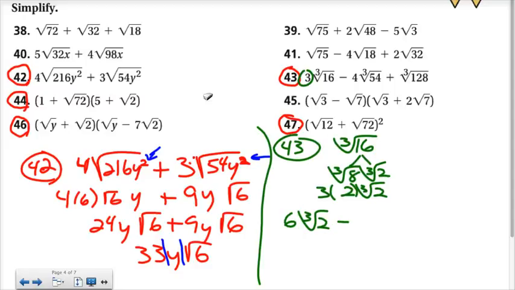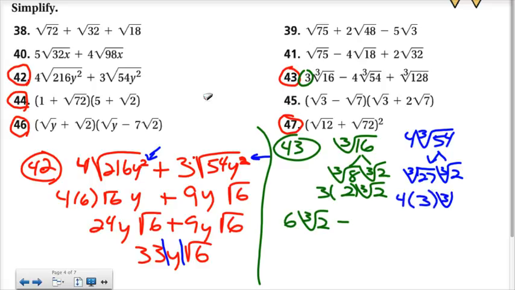So let me go after 4 cubed roots of 54 by thinking, hey, I'm going to divide a 2 out and hope I get a perfect cube. And sure enough, this will be the cubed root of 27 and the cubed root of 2. And the cubed root of 27 is, of course, 3. So we'll take 4 times 3 cubed roots of 2, and that will be 12 cubed roots of 2.